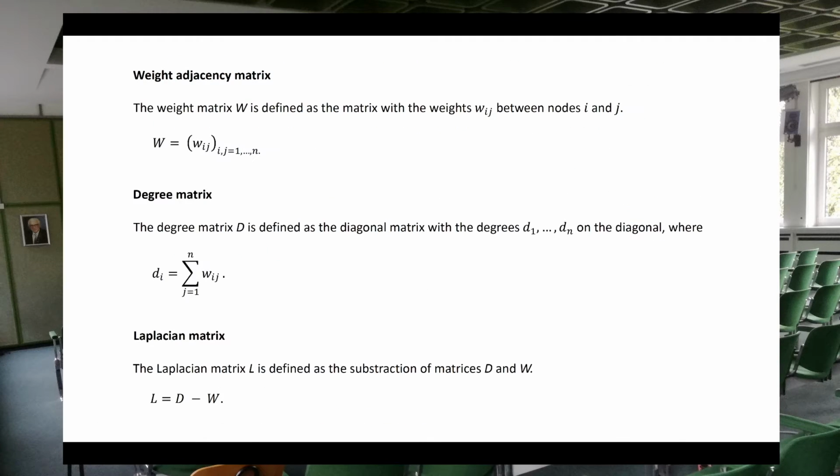So to understand the spectral clustering algorithm, we need to understand three matrices. The first one is the weight adjacency matrix.